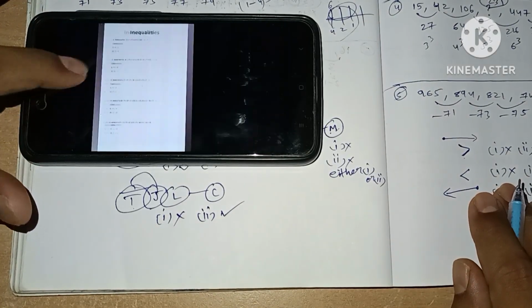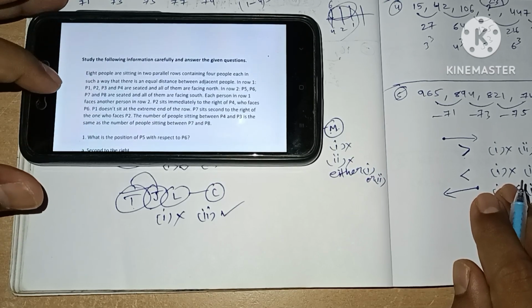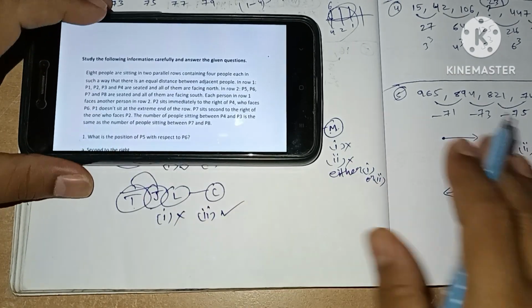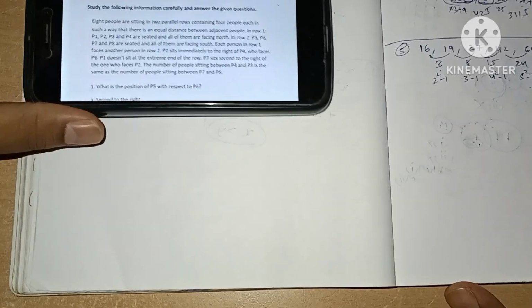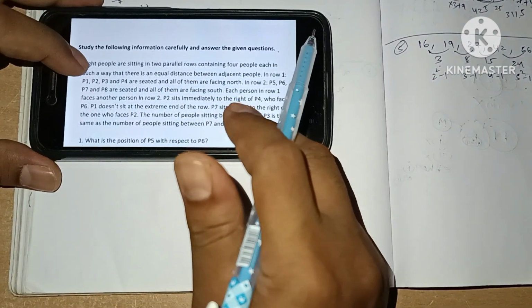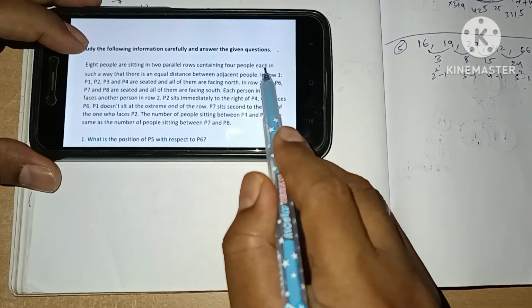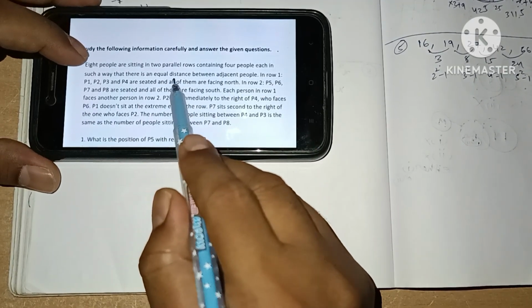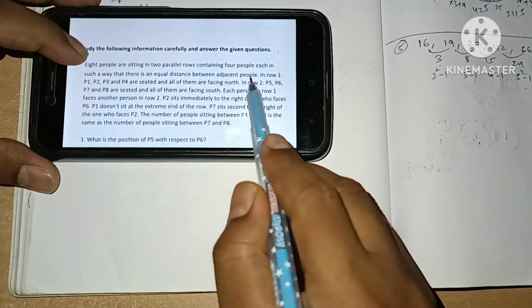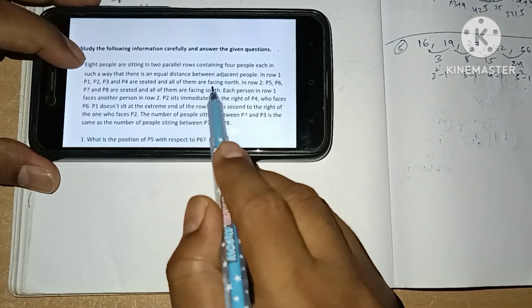Now we are going to see a reasoning puzzle. Eight persons are sitting in two parallel rows. The question here is, 8 persons are sitting in 2 parallel rows consisting of 4 people each in such a way that there is equal distance between adjacent people. In row 1, 1, 2, 3, 4 are sitting and all of them are facing north.